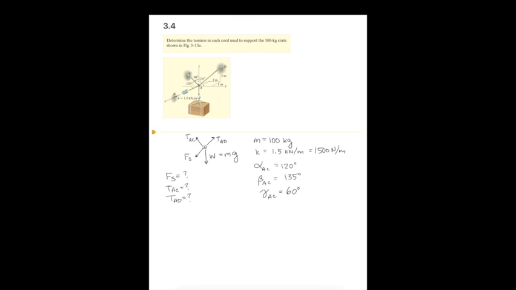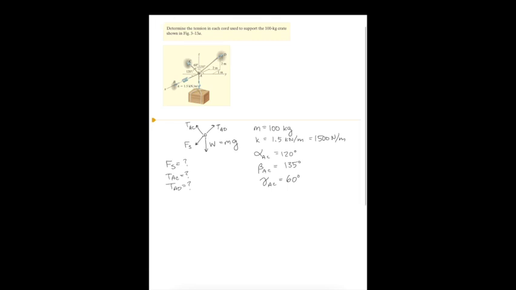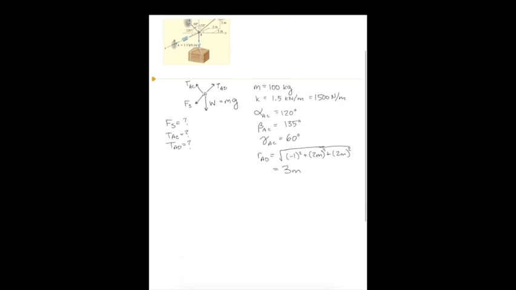And we also know the direction of the chord AD. So I know that the magnitude of that directional vector is equal to the square root of each component squared, and we see that that is equal to 3 meters.